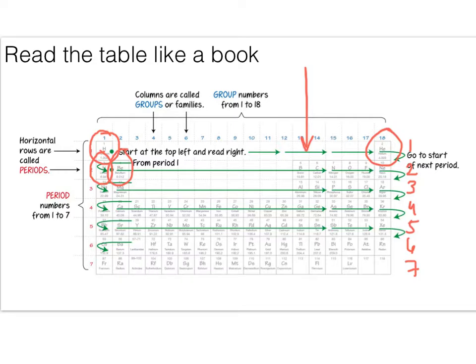And so as you count up, you should remember that even though it looks like we sit at the end of the page on group number 18, you really should immediately think about moving down to the next period and continuing on in your reading, going directly from neon to sodium, going directly from argon down to potassium.